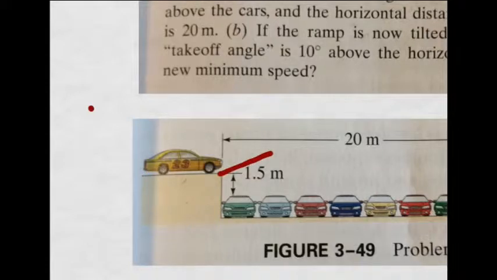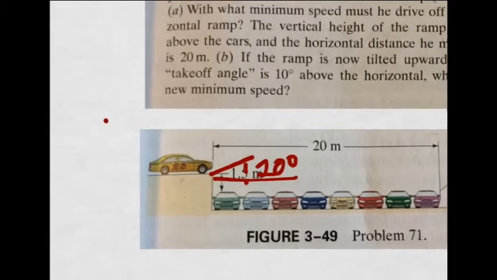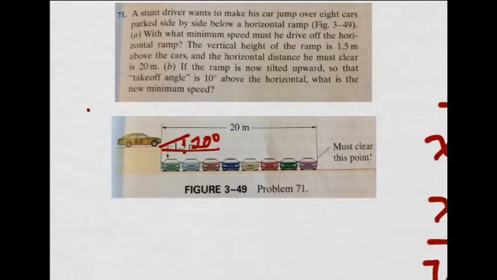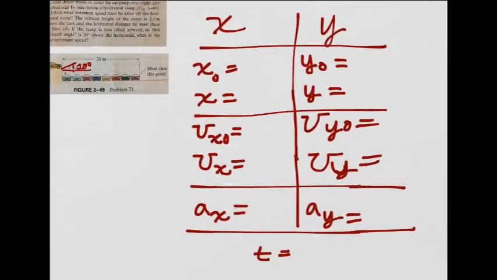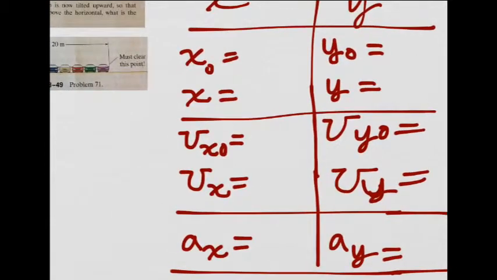There, that's a lot better. The ramp is going to be like this, curved at 10 degrees above the horizontal. It's going to look something like that. The 20 and the 1.5 will stay the same. That's the only difference. So now that we know that, let's plug in all our variables.